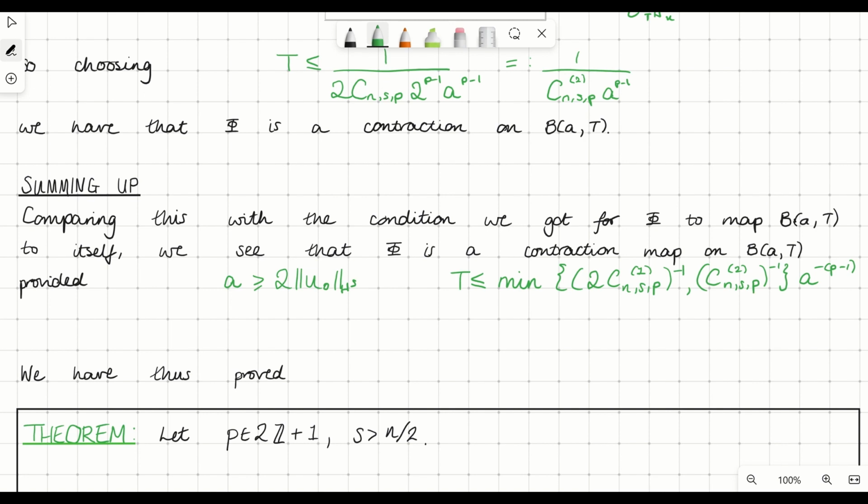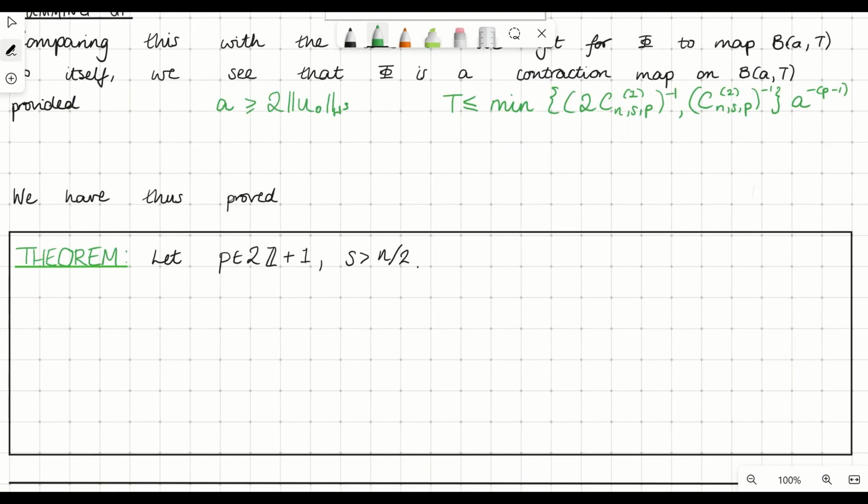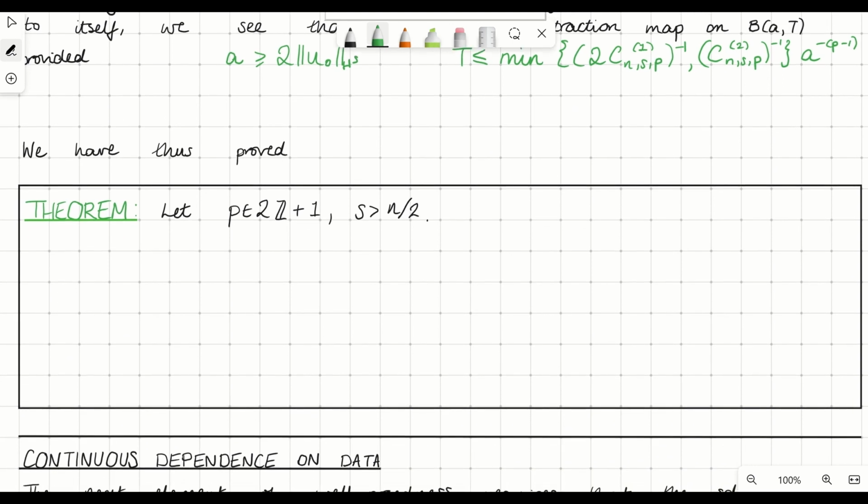Okay, so just to sum up, let's put what we've proved into a theorem, just so that we're clear on exactly what we did just prove. So let p be an odd integer, s larger than n over 2.